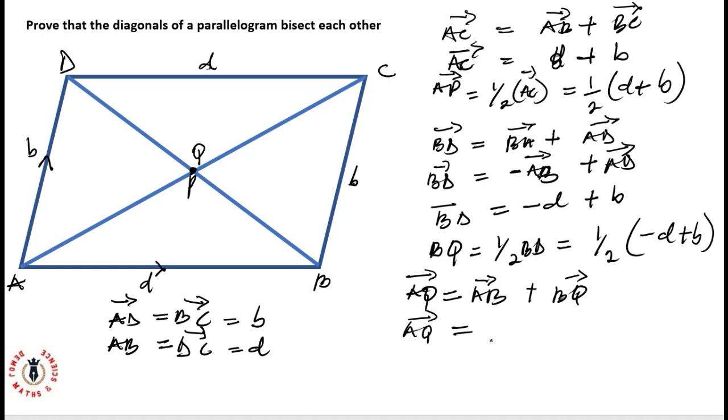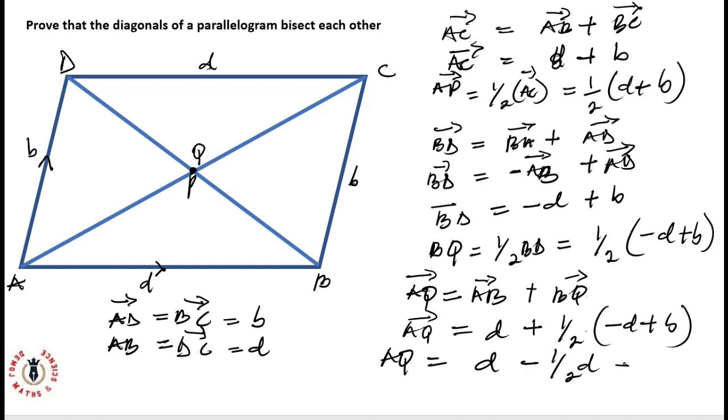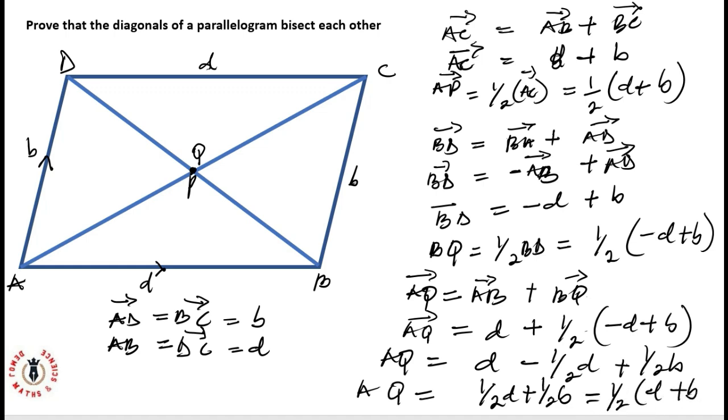We defined AB to be D, plus half into minus D plus B. Remember, we got BQ to be equals to half minus D plus B. So that AQ now is the same thing as D minus half D plus half B. AQ is the same thing as D minus half D, that is obviously half D plus half B, which is equals to half into D plus B.